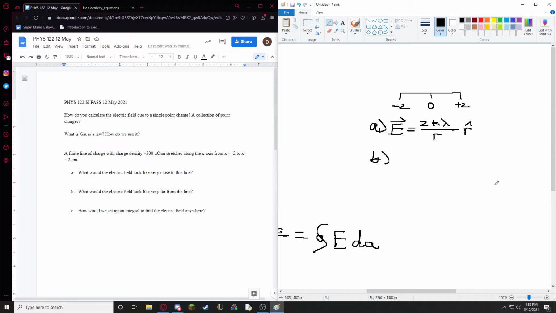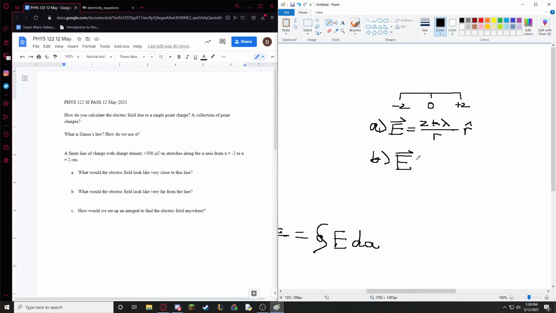Like there's no line, and instead it's all going to be as if it's in one spot, right? Almost like a point charge. So what would our electric field very far away look like? The same as the point charge.